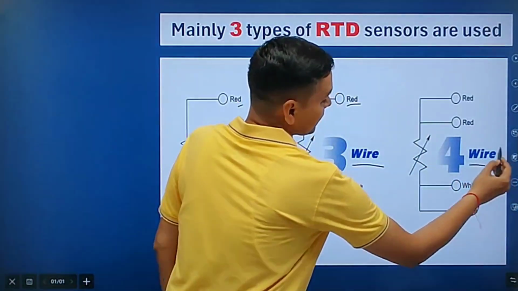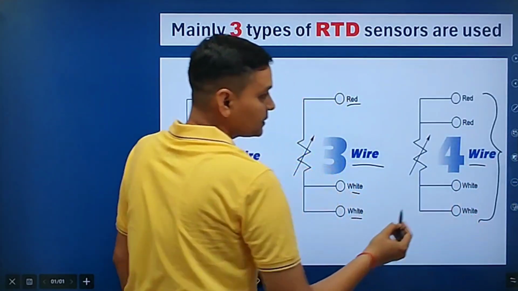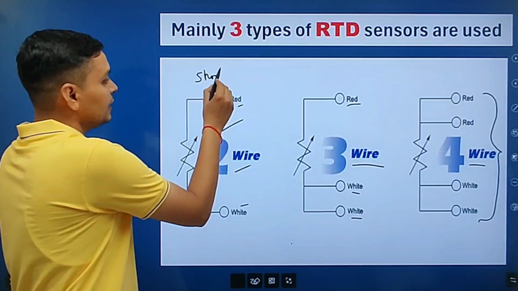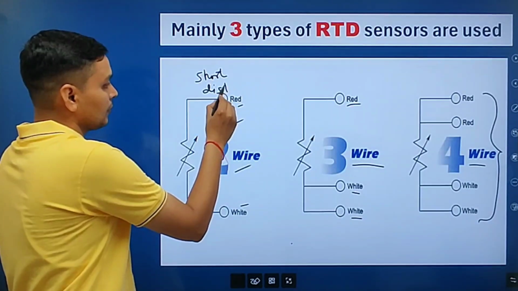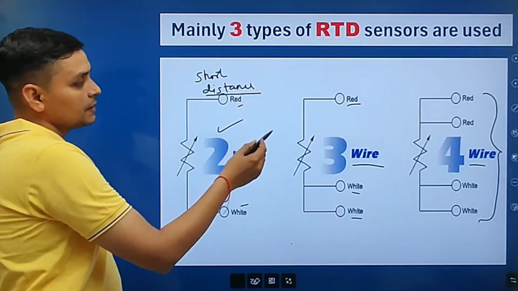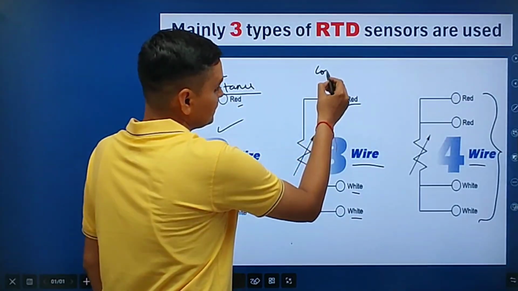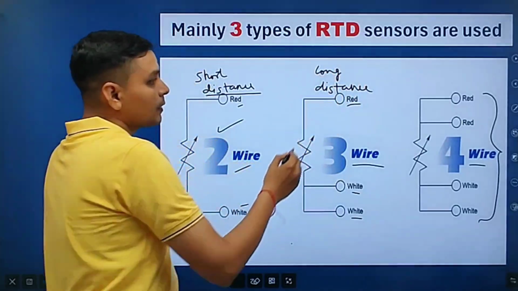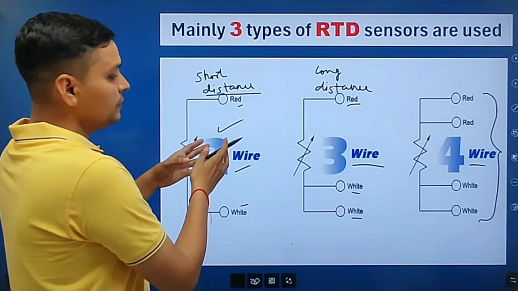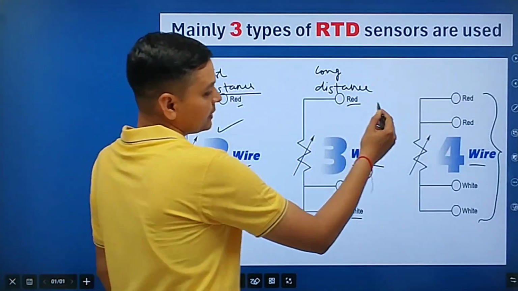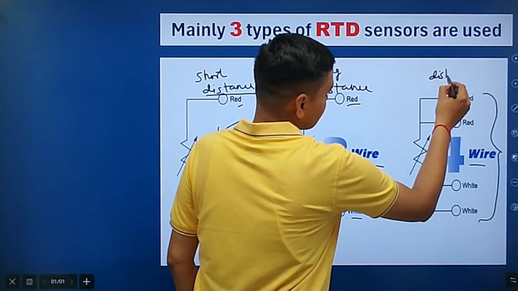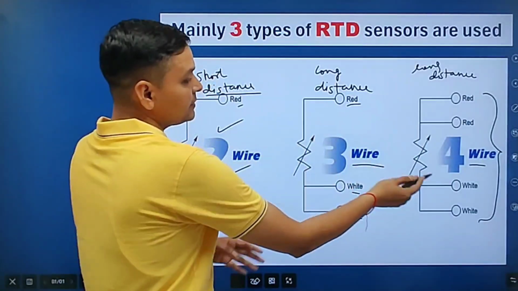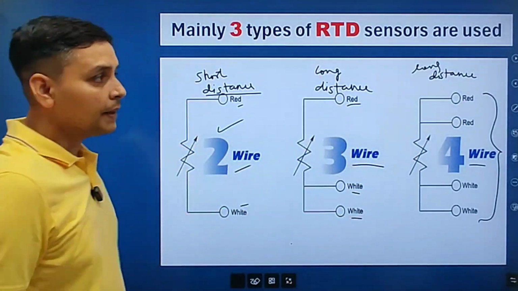And third is 4-wire RTD, where 4 wires are used. 2-wire RTD is used for short distance only. 3-wire RTD is used for long distance, and its accuracy is better than 2-wire RTD. And 4-wire RTD is also used for long distances, and its accuracy is better than 3-wire RTD.